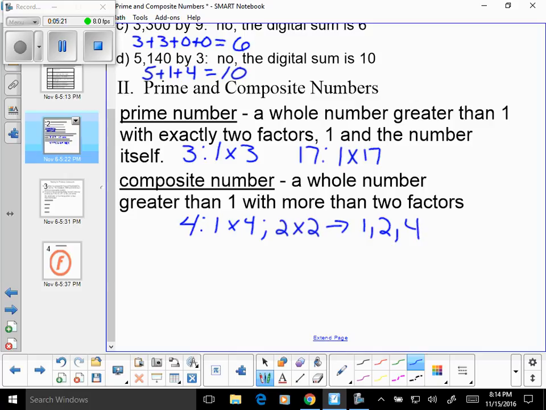So one of the ways you can tell if a number is composite is to ask yourself, will any of my divisibility tests work? And if they do, you know you have a composite number. 12, for example, has to be composite because it has factors of 1, 2, 3, 4, 6, and 12. So it has to be a composite number.